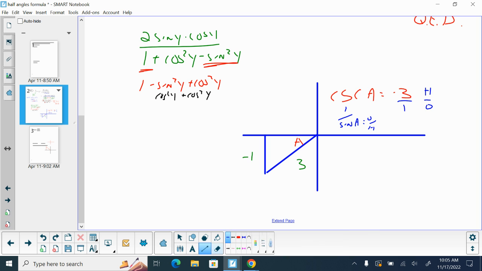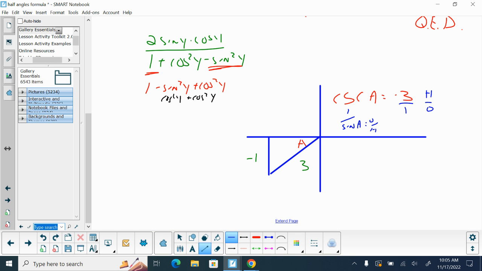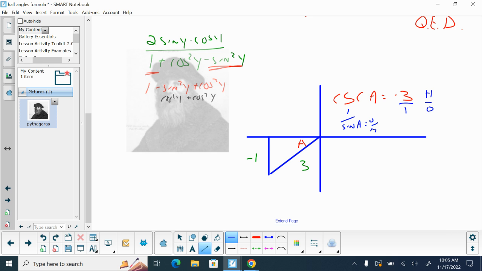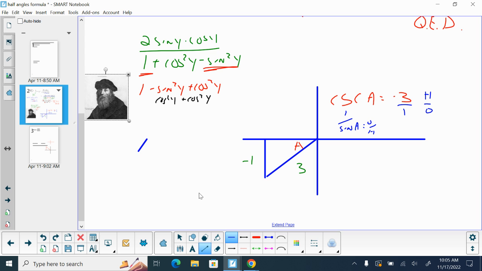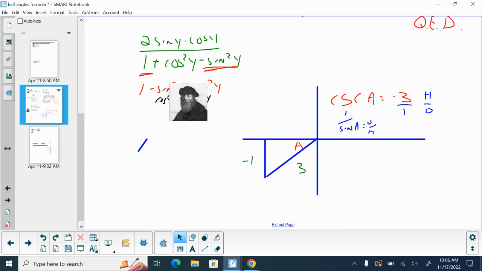Now we have our good old buddy Pythagoras. That's always in our hip pocket. He's always with you.